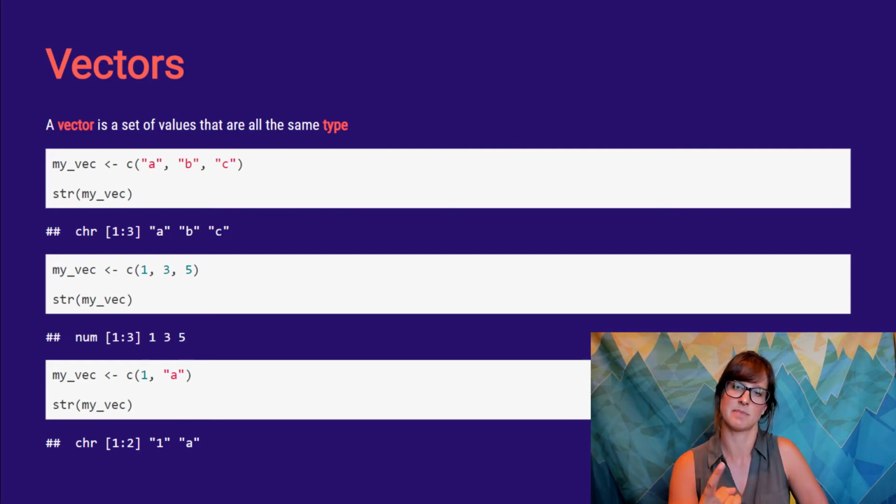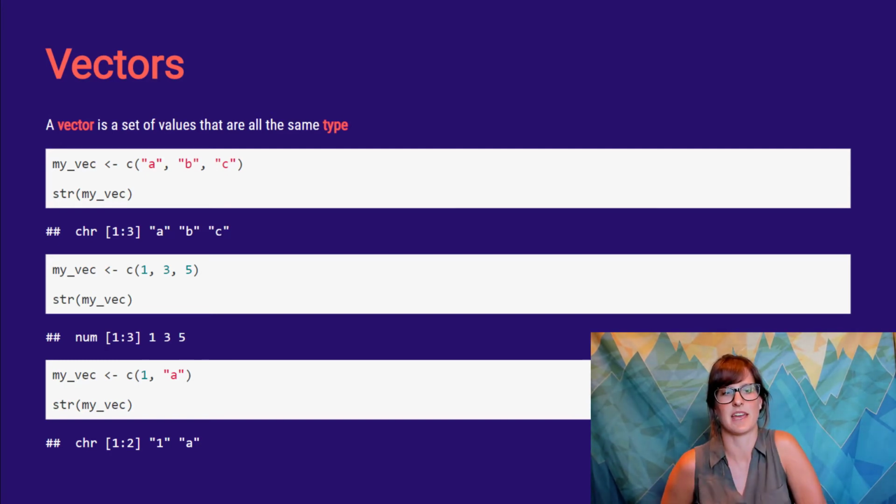It says the data types in this vector are character data types. And then it says 1 to 3, that's telling you that there are 3 elements in the vector. And then it's shown you the 3 elements right there. So if you look at the structure of an object and it tells you a data type and a length, that's telling you this is a vector, and it's specifically a vector of a certain type.